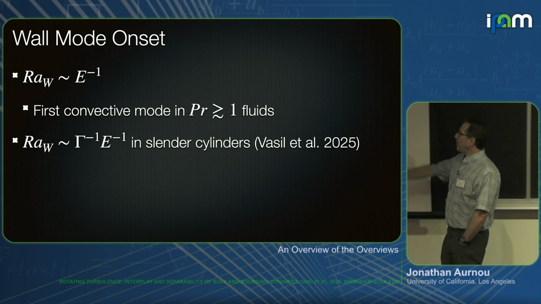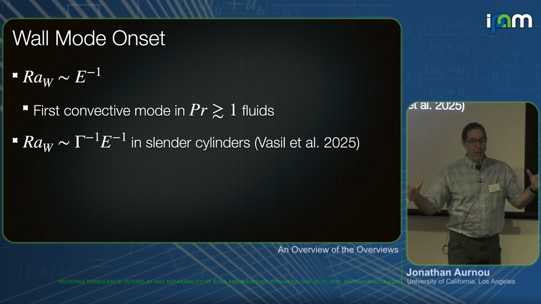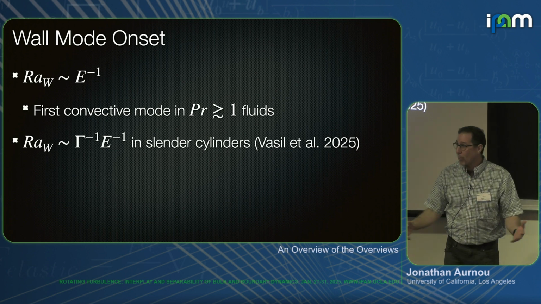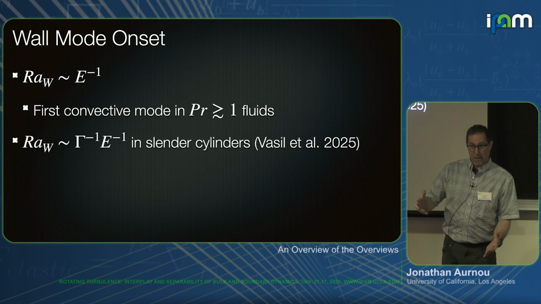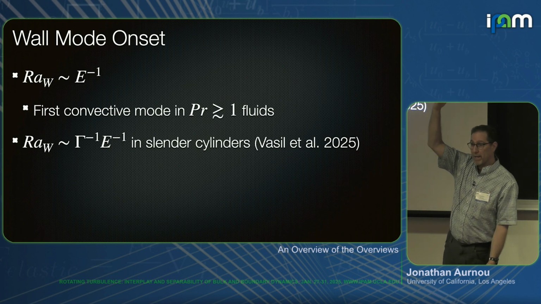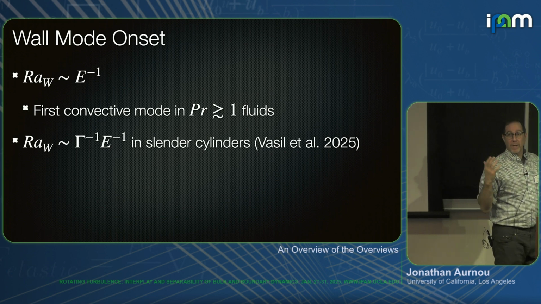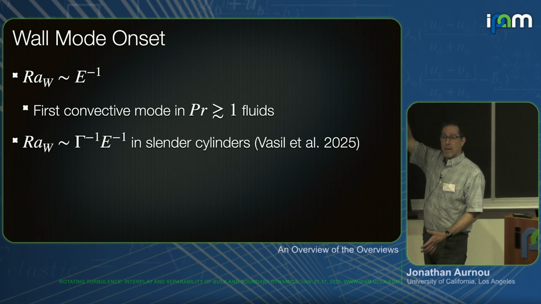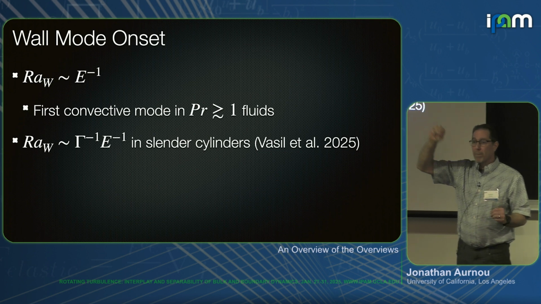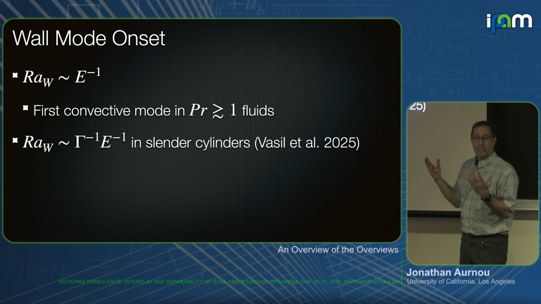All right, and then if we start going to slender cylinders, which a lot of people are studying, because if we have, let's say, a finite width device, if we want to get more and more extreme, we should make it taller. The Rayleigh number goes as L cubed, right? Ekman goes as 1 over L squared. So if we can change that length scale, we can get more bang for our buck for a given experiment or numerical model.